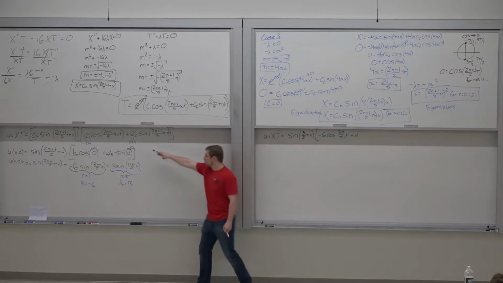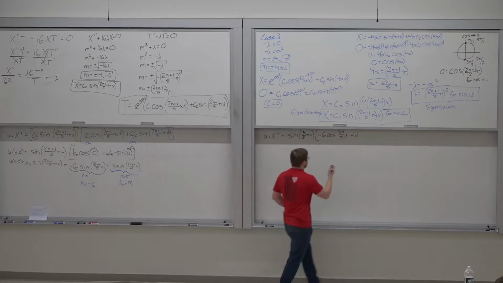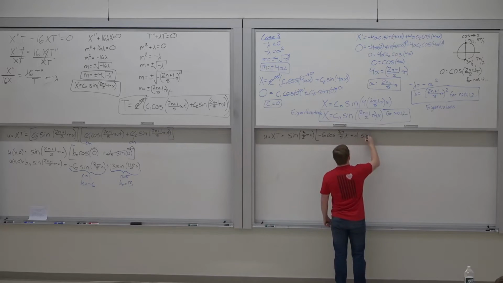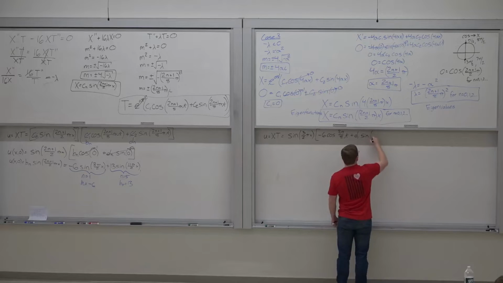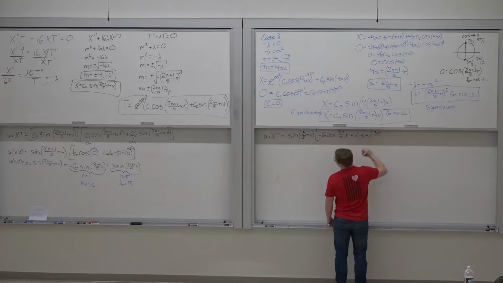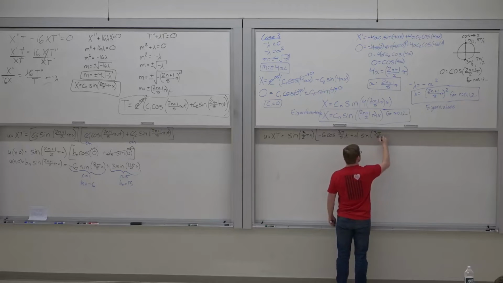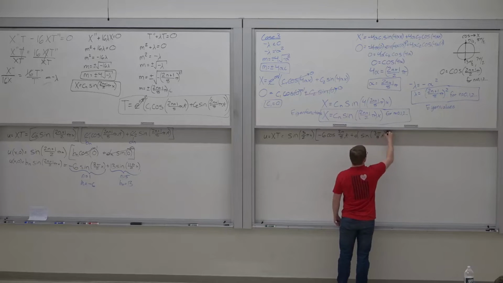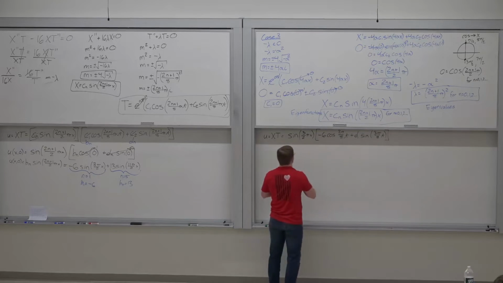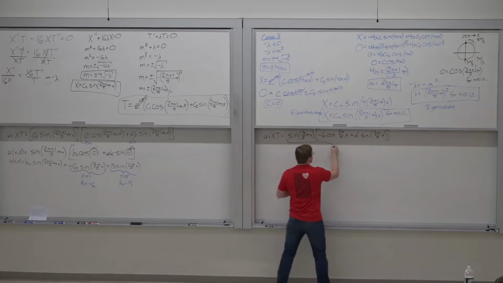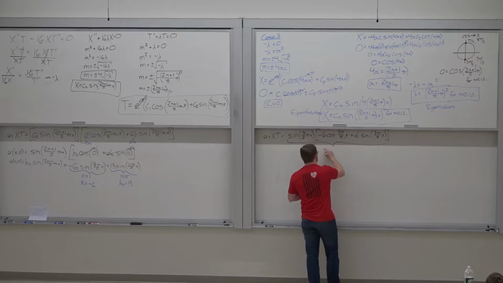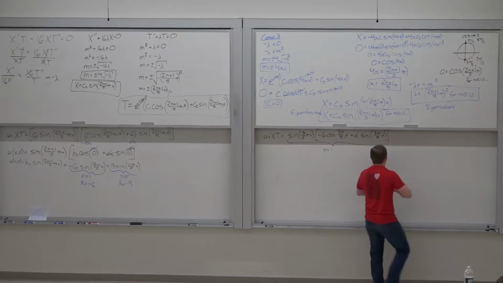Because my n is equal to 1, so it's d sub 1 times sine of 3 pi over 8 t. So all of this is my n equals 1 term.